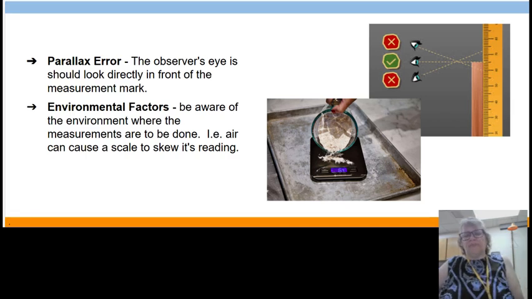So pay attention to the surroundings, as well as whether your object is ice or a solid of some sort. They're going to give you different readings because ice can melt.